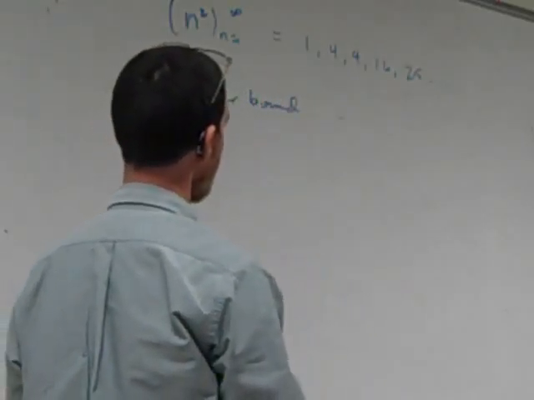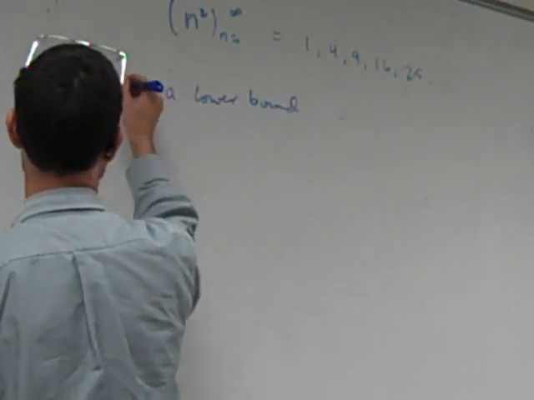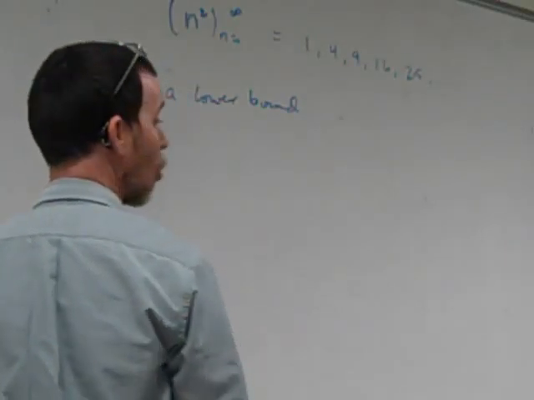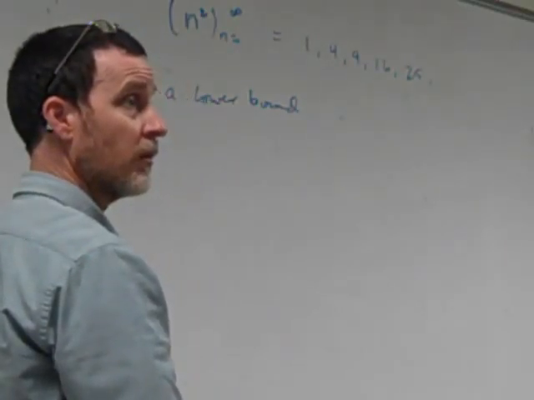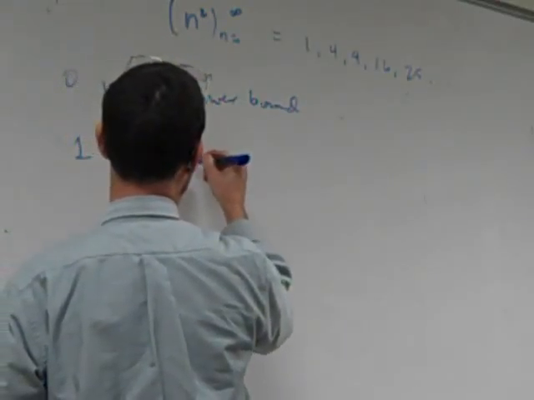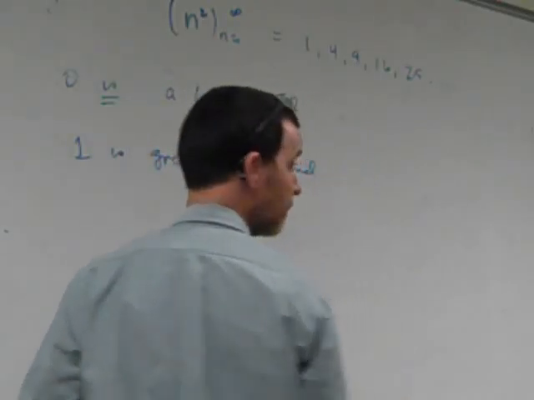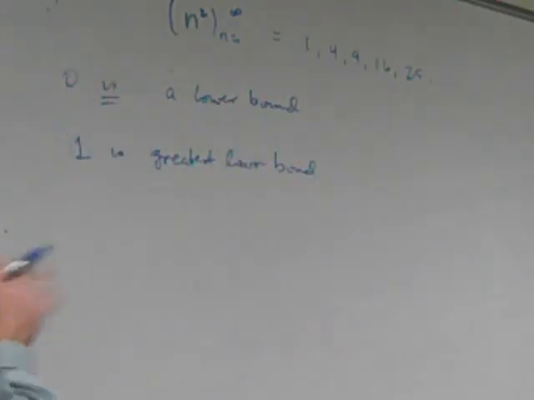What's a lower bound for this sequence? 0 is a lower bound, right? Is it the greatest lower bound? No. The greatest lower bound is 1, because everything in the sequence is greater than or equal to 1, and no number bigger than 1 is a lower bound.